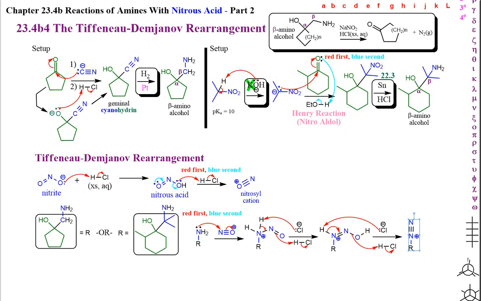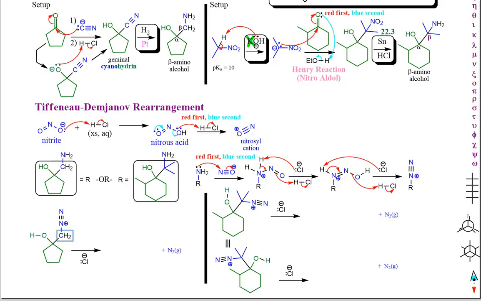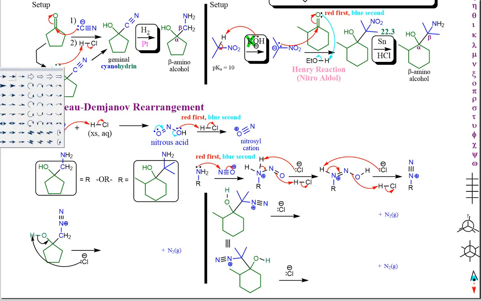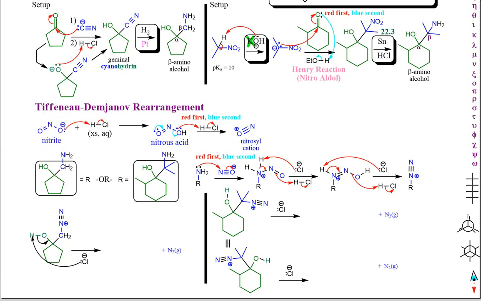Finally, we see the Tiffeneau Demjanov rearrangement about to happen. Here's the diazonium, which resulted from my setup up here. Chloride's going to come, grab the hydroxyl hydrogen, sigma becoming pi, and the driving force of this reaction is to create nitrogen gas, highly entropy driven.